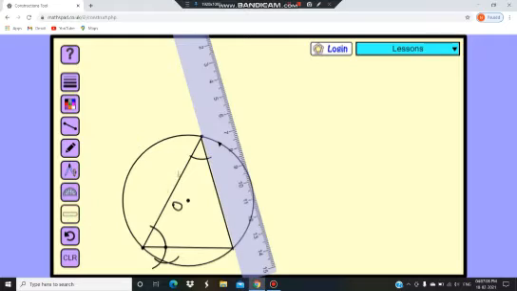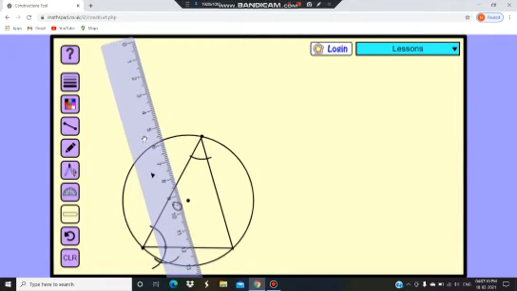Now take the scale. Now this is our one point and this is the second point.